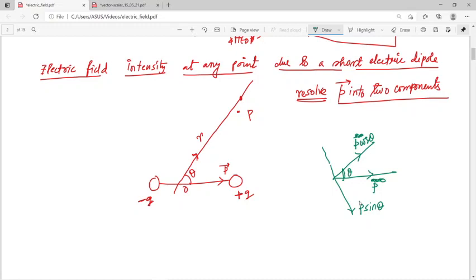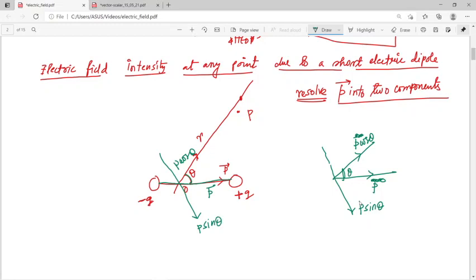So if we break p into two components, along this direction is p cos theta, and the perpendicular direction is p sine theta. Is it clear?